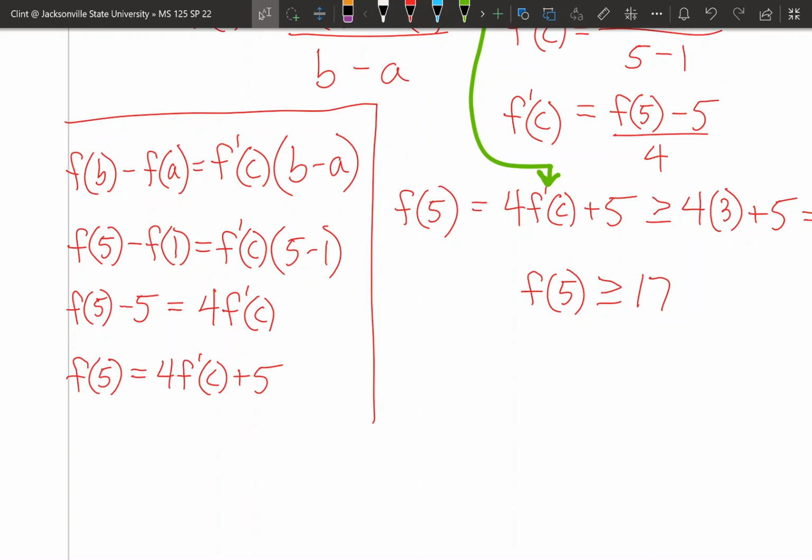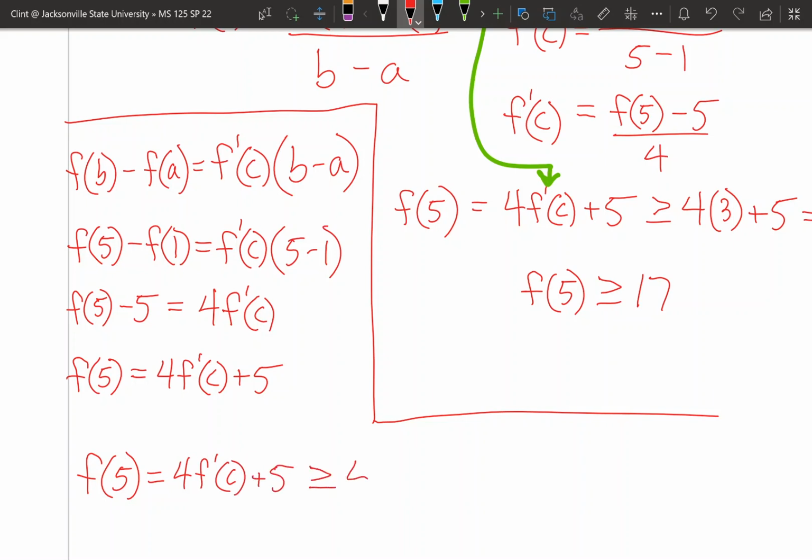So that means this expression, let me just rewrite where we got some more room here, has got to be greater than or equal to 4 times 3 plus 5, which is 17. So that tells us f of 5 is greater than or equal to 17.